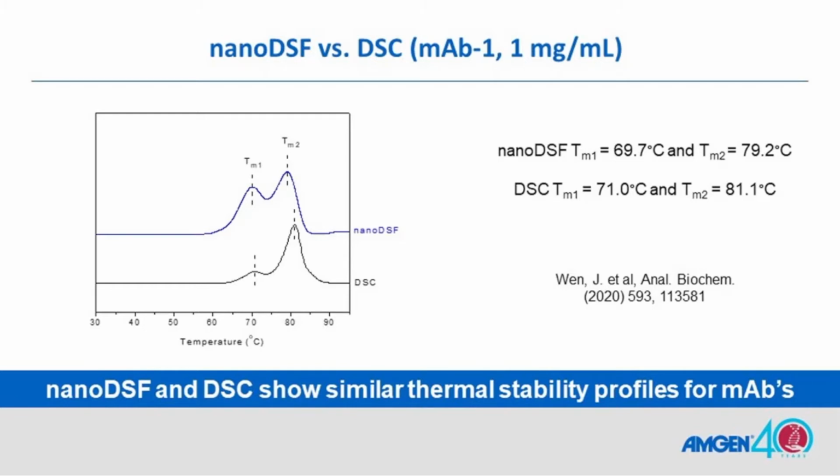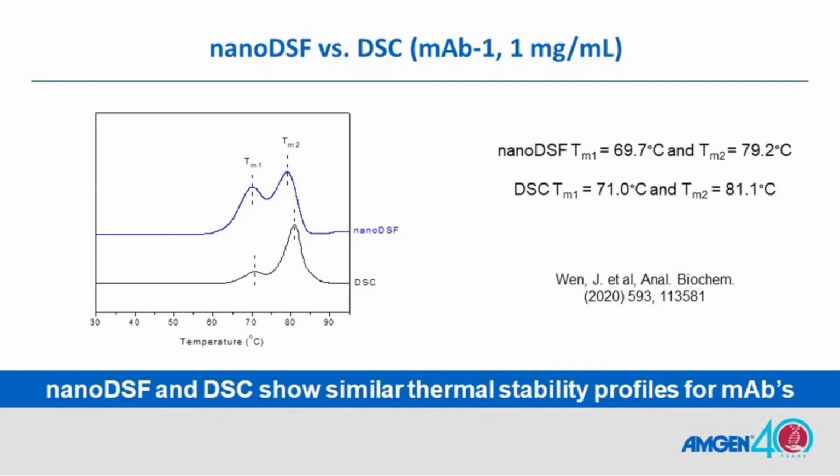From this figure, you can see nanoDSF and DSC show similar thermostability profiles for the mAbs. You may notice that there are some differences between the nanoDSF and the DSC Tm values.